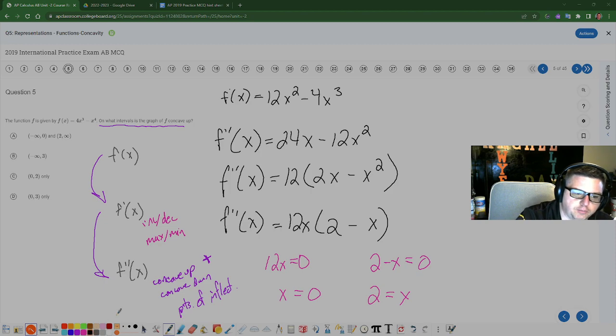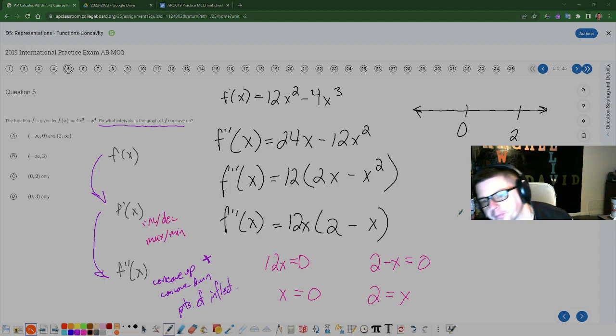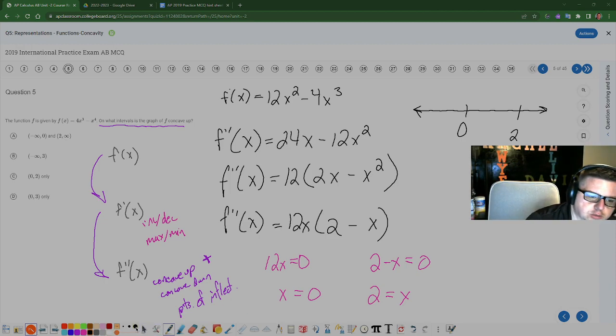So what they teach you to use, not prove, but use, is a sign chart. So we have 0 and 2. So what we're going to do is we're going to take that second derivative, always focus on the function. When you are looking for answers in this sign chart, always look at the function that you used to get these values.